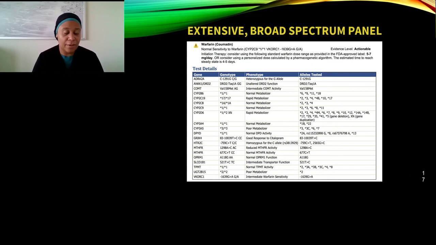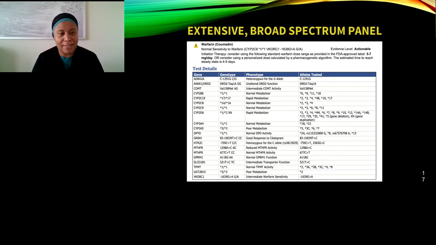That means how they are showing up, whether it's a normal metabolizer, poor metabolizer, and you see all the alleles tested. It's important to look at the alleles tested because some results could show a patient is a normal metabolizer, but the allele tested was not an entire pool.